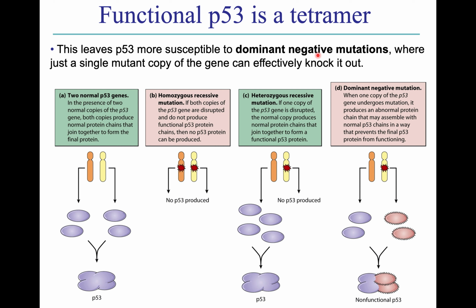And this is kind of unique because in this case, we've got a cell that is heterozygous for a p53 mutation, but the mutation in the p53 gene is still allowing protein to be produced. It's just that protein is not quite functional, but it will still integrate into these tetramers.